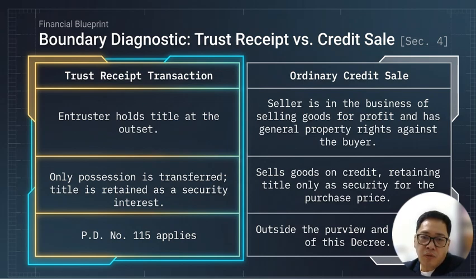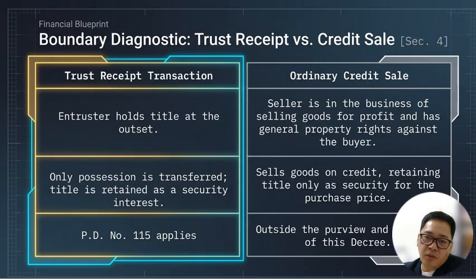A transaction is governed by PD 115 if it is primarily a financing arrangement. It meets this criteria if an entrustor, typically a financier, who holds absolute title or a security interest over specified items, releases them to an entrustee.